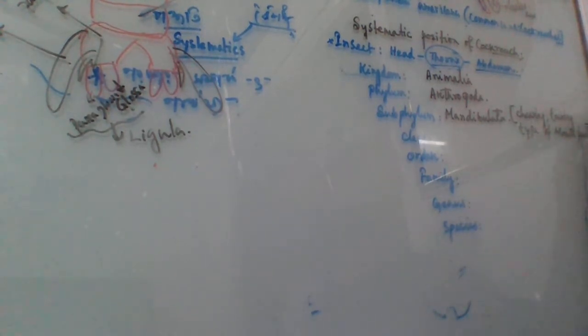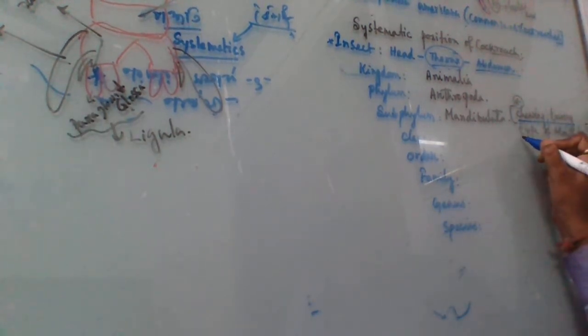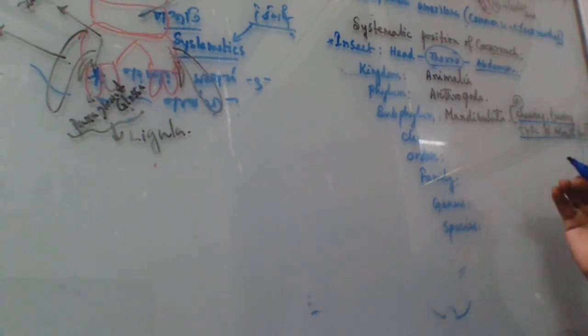Today you will be very happy to know that we are going to discuss this mouth part portion. What are the mouth parts? How is the arrangement and location? Today's topic is chewing type of mouth parts, or what are the various mouth parts.